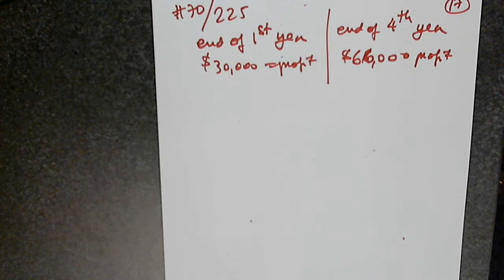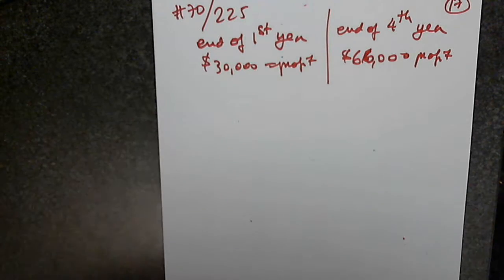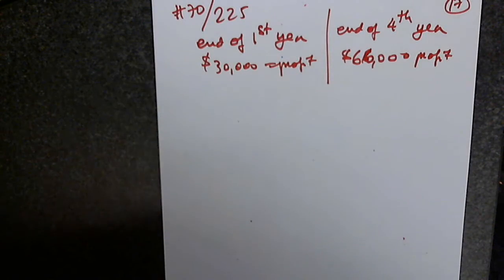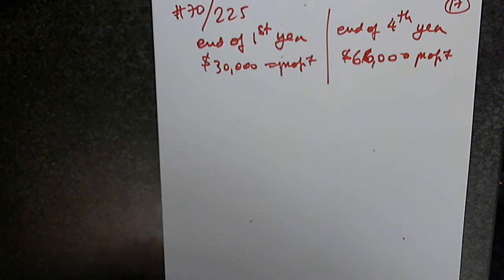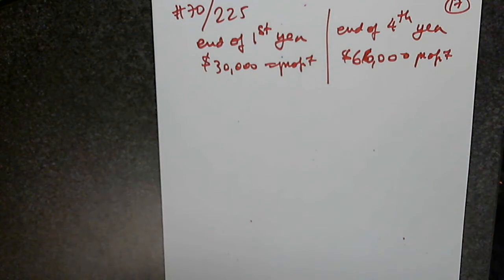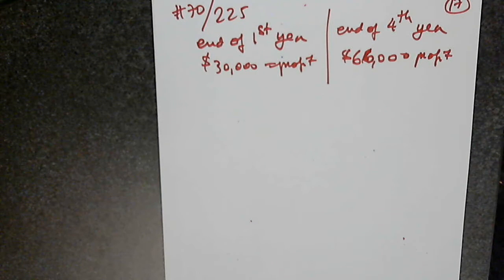Now, what are the variables before I read on? What are the variables in this problem? Years and profit. I need to make sure that I put them in the correct order. Is the independent variable profit and the dependent time, or the independent is time and the dependent is profit?